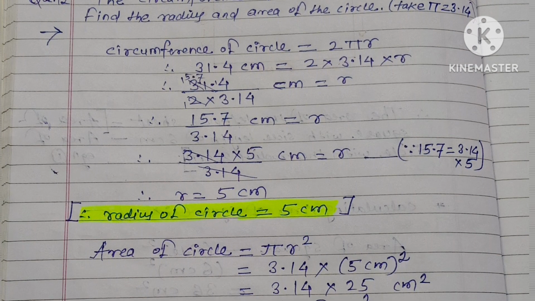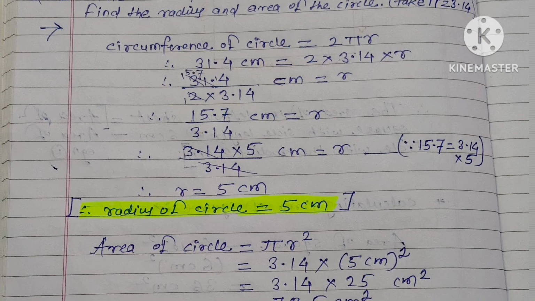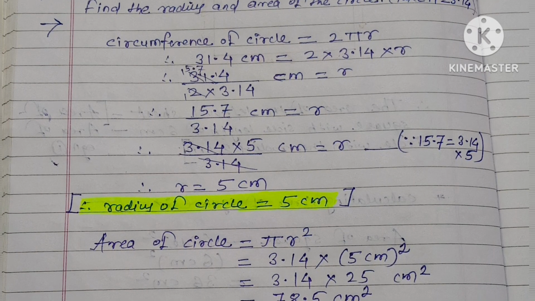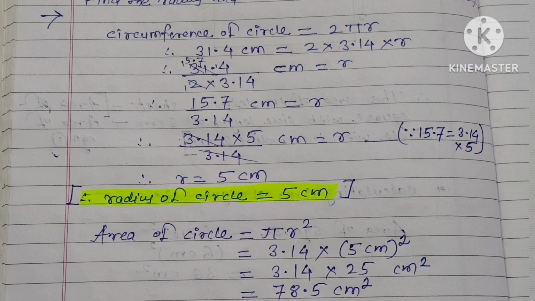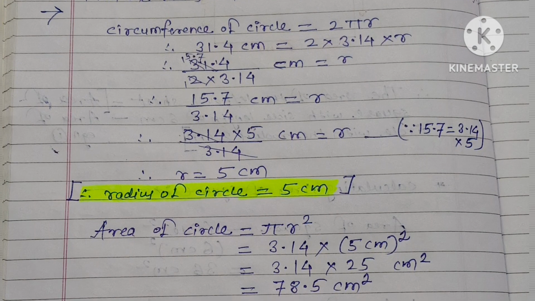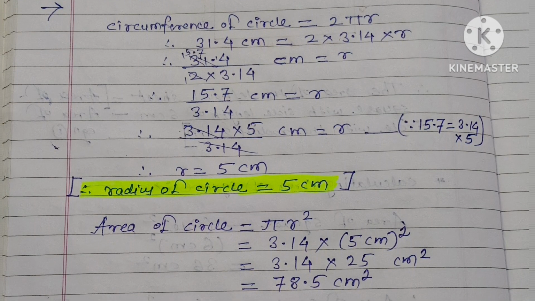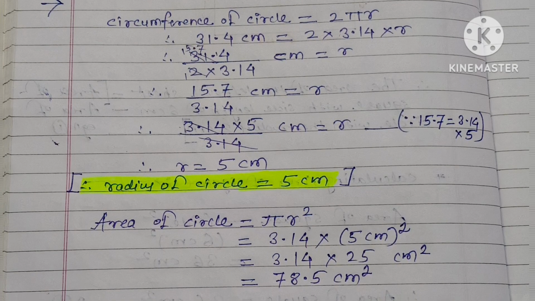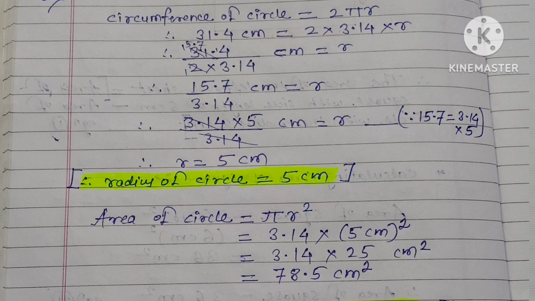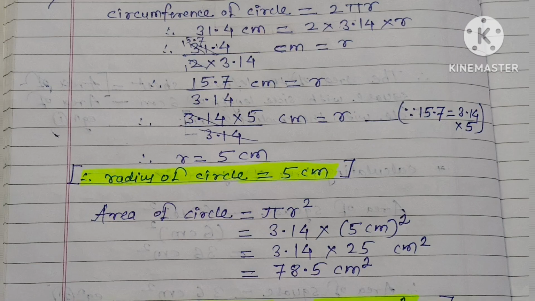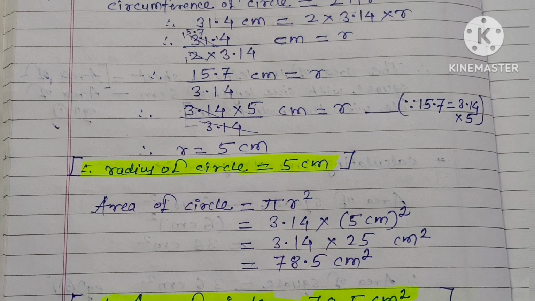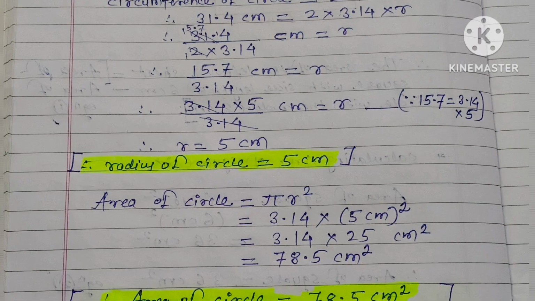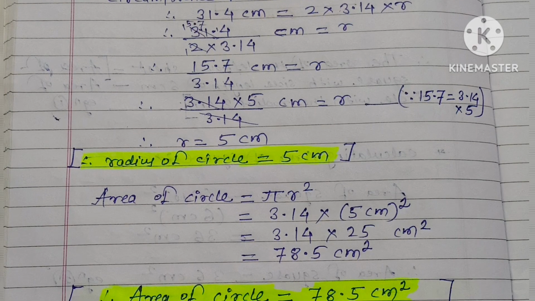Now here you need to understand the shifting rules. If you're shifting from LHS to RHS or RHS to LHS, any number or any value which is multiplying, post shifting to the other side of the equals to sign, will divide. So the multiplied value will be divided post shifting, and similarly the value which is already dividing, after shifting it will multiply.